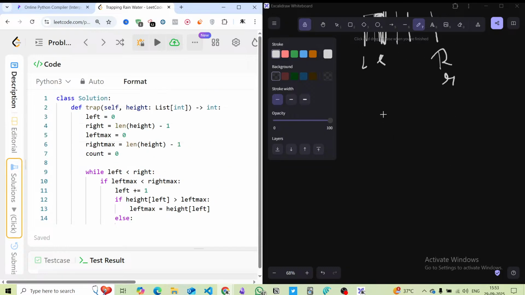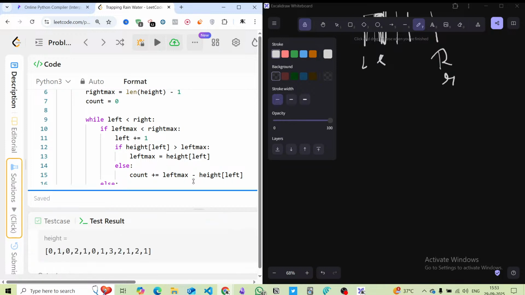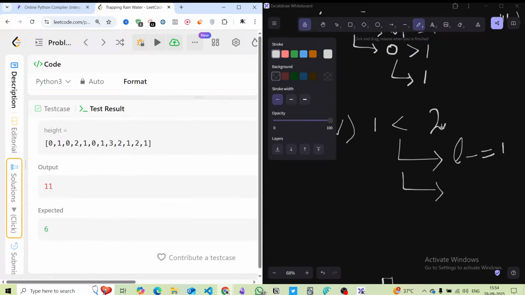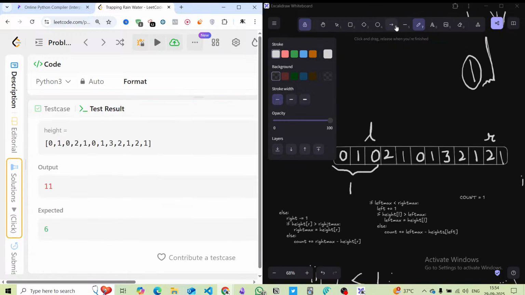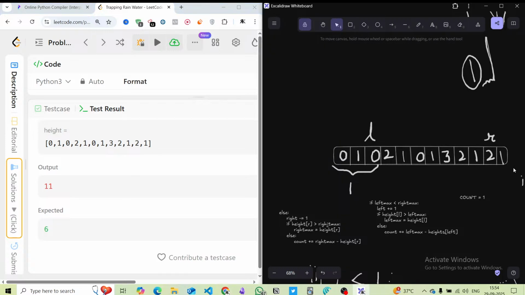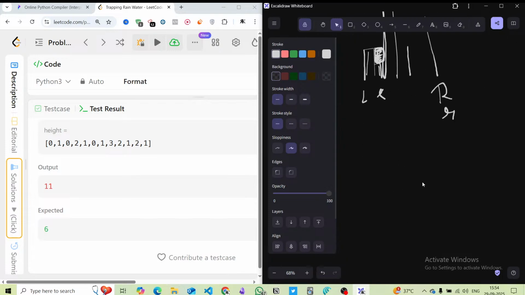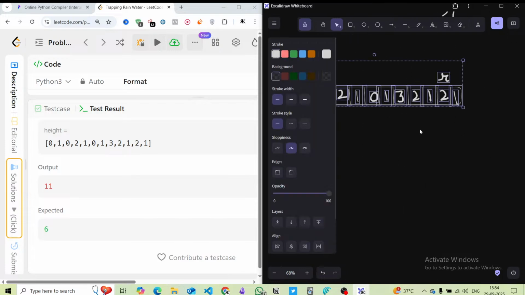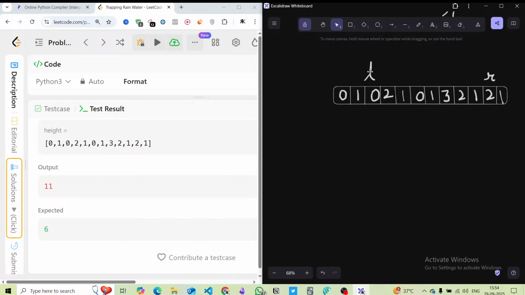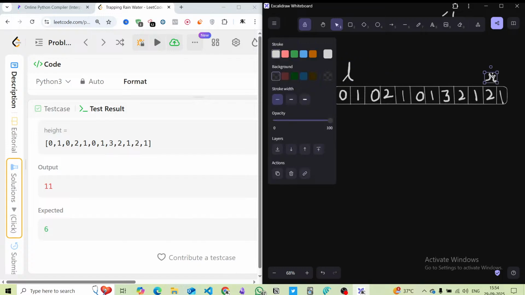So here, this is the thing, right? So we just copy it. Okay, so L is here, R is here, then the leftmost and then rightmost.